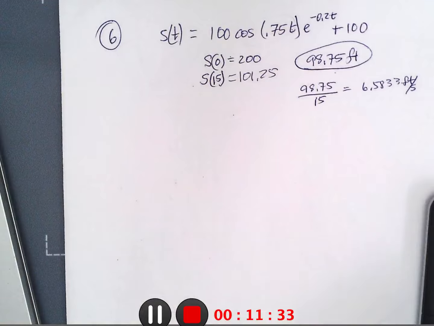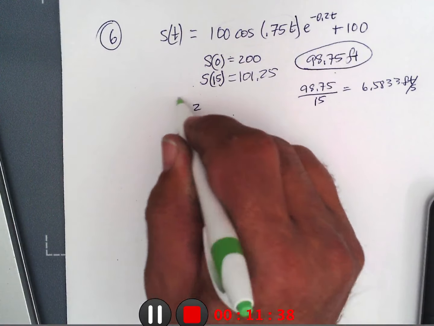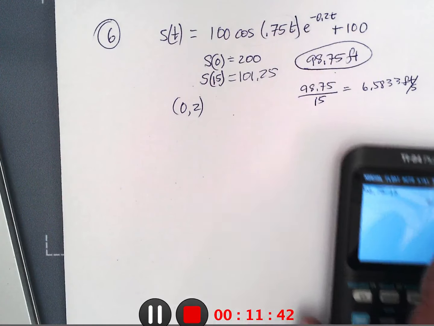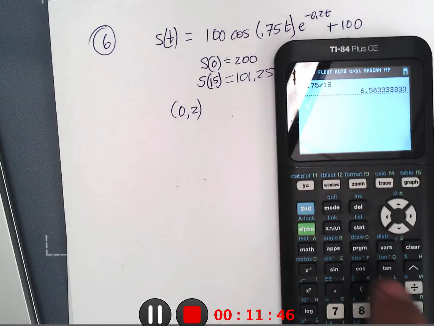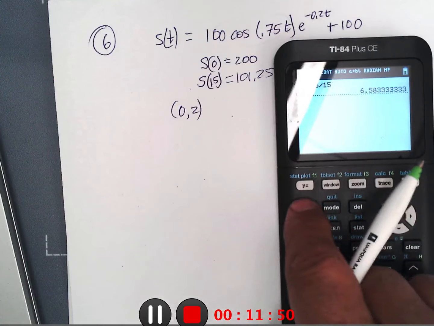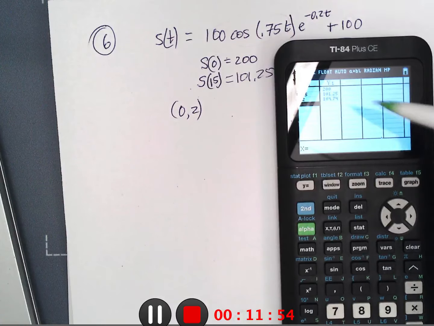Then they said do it from 0 to 2. So I put in 0, and I'd have to put in 2 in the second table. It goes from 200 to 104.75.